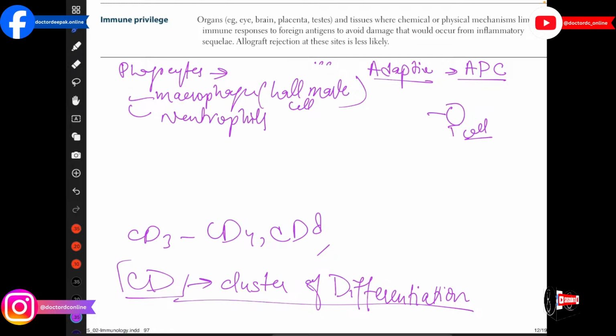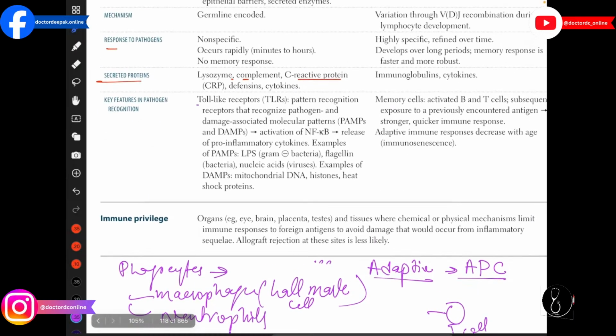We have complement, eosinophils, mast cells, and basophils, which you guys already know. They also recognize foreign molecules through pathogen associated molecular patterns, and they use pattern recognition receptors, and a key receptor class in innate immunity is the toll-like receptor. Macrophages and mast cells recognize the PAMPs and secrete cytokines.